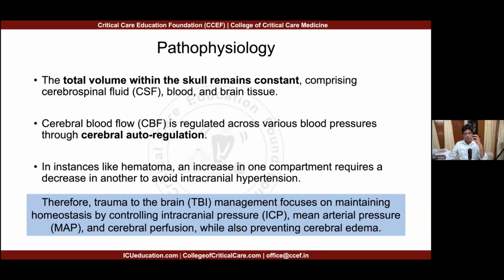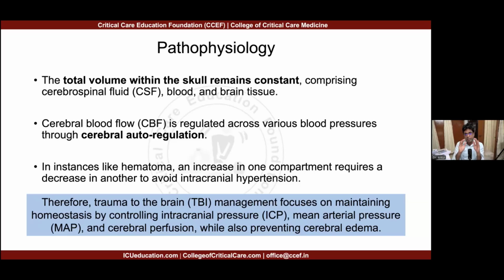So cerebral autoregulation adjusts accordingly so that the cerebral perfusion pressure, the pressure which is actually perfusing the brain, remains constant. So what is cerebral perfusion pressure? It is your mean arterial pressure, which is perfusing the different organs of the body, minus the intracranial pressure, which is normally very low, somewhere around 10 to 12. If it is more than 20, we call it intracranial hypertension.